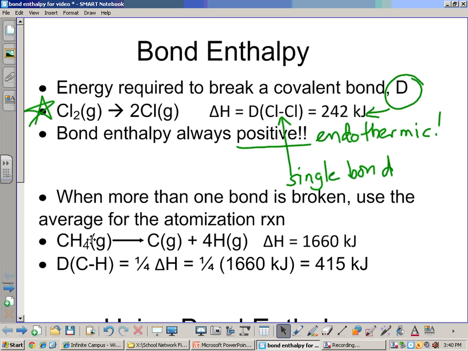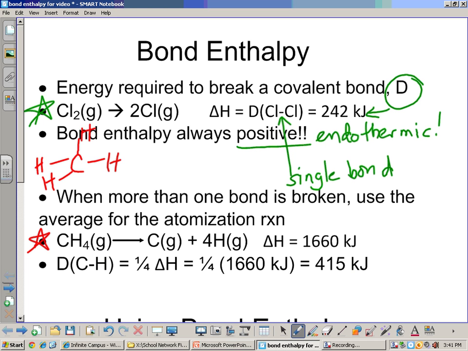When you're considering a reaction where you are breaking more than one bond, as in this case right here, the CH4 gas goes to C gas plus 4 H gas, meaning CH4 goes to carbon and 4 H's. There are 4 carbon to hydrogen single bonds.